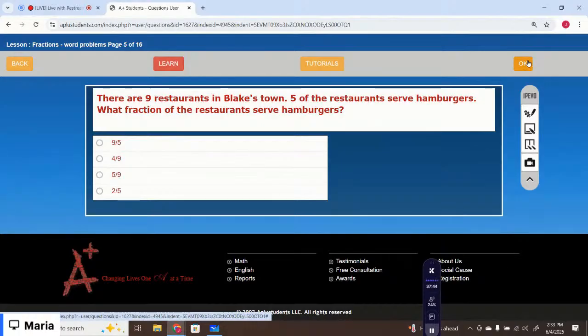There are nine restaurants in Biggs Town. Five of the restaurants serve hamburgers. What fraction of the restaurants serve hamburgers?